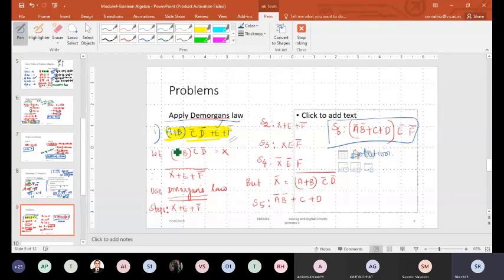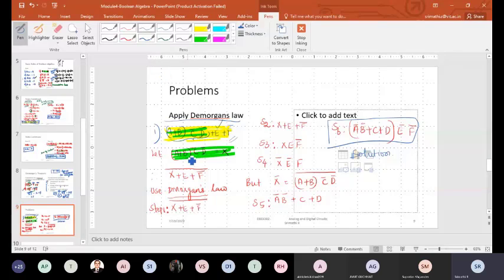In the first combination I have a product as well as a sum, so I am assigning this A plus B into C bar D bar as X.